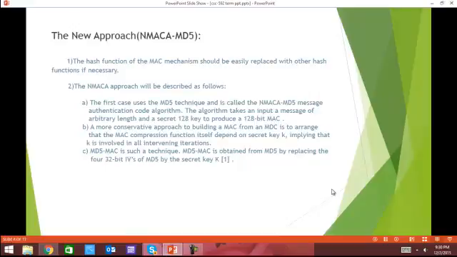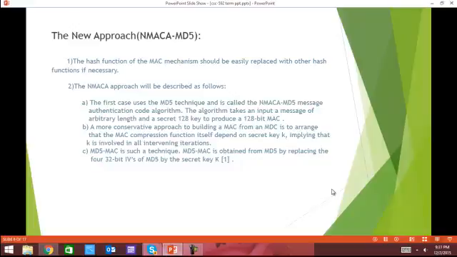Coming to our new approach, the hash function of the MAC mechanism should be easily replaced with other hash functions if necessary. The NMAC-A approach has two cases. The first case has the NMAC-A MD5 message authentication code algorithm, which takes a 128-bit key as an input and produces a 128-bit MAC.